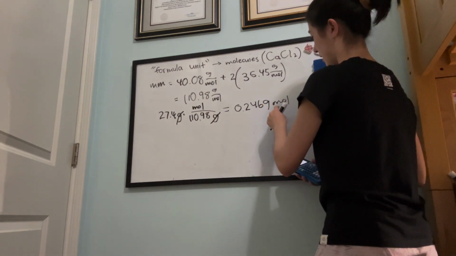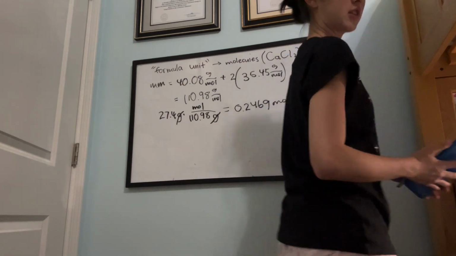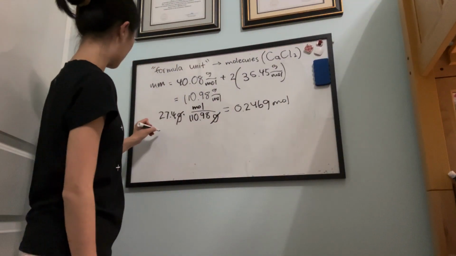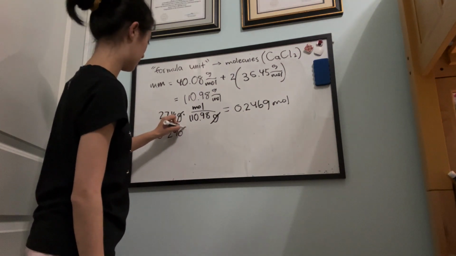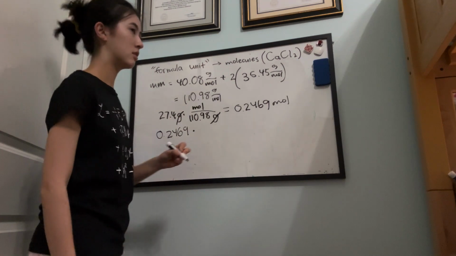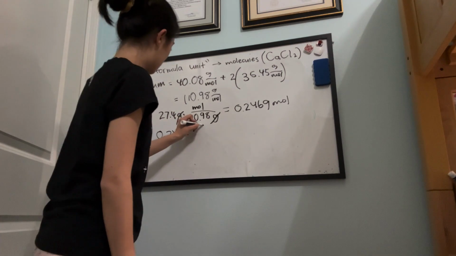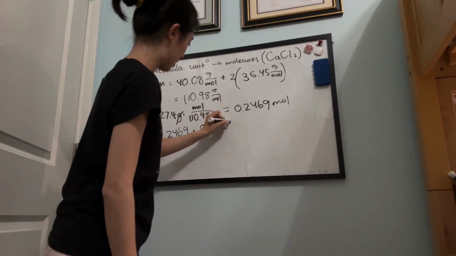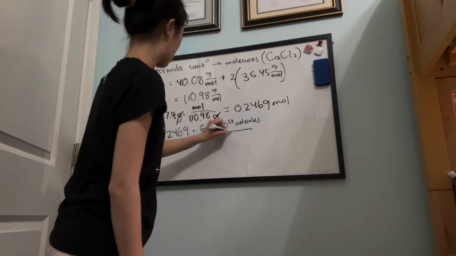And then we multiply that by Avogadro's number, which they give us on the formula sheet. But I bet I can remember it. So 0.2469 times 6.022 times 10 to the 23rd molecules per mole.